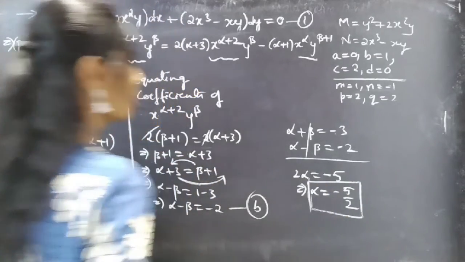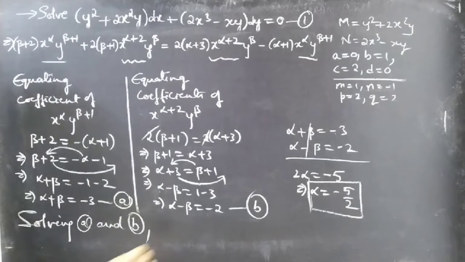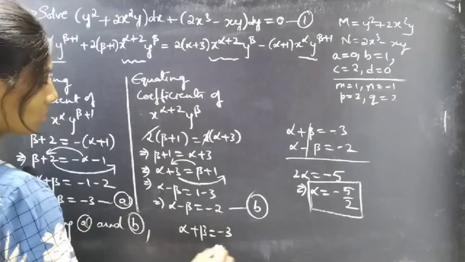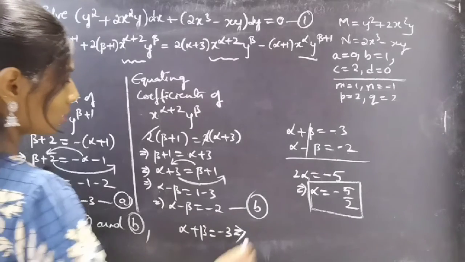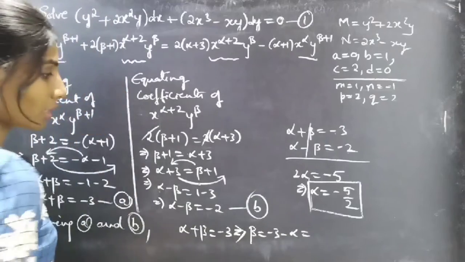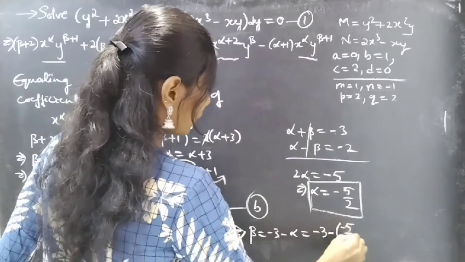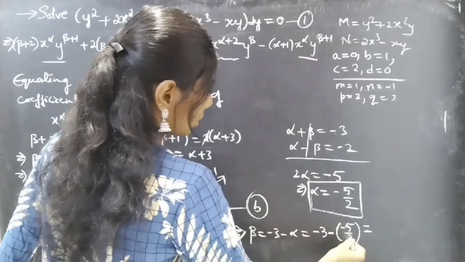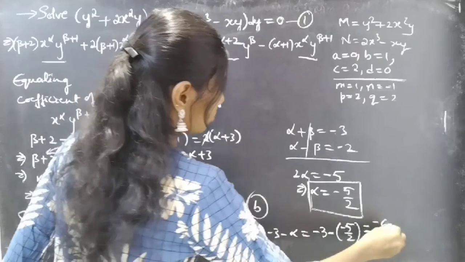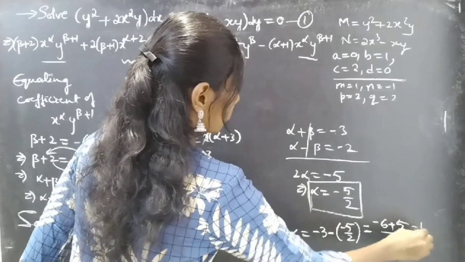Now substitute this alpha in equation A, since we are having alpha plus beta equal to minus 3. We can write this as beta equal to minus 3 minus alpha. Now substitute alpha here, we'll get minus 3 minus of minus 5 by 2, which gives us 2 3 is 6, that is minus 6, minus into minus plus 5 by 2, which is minus 1 by 2.